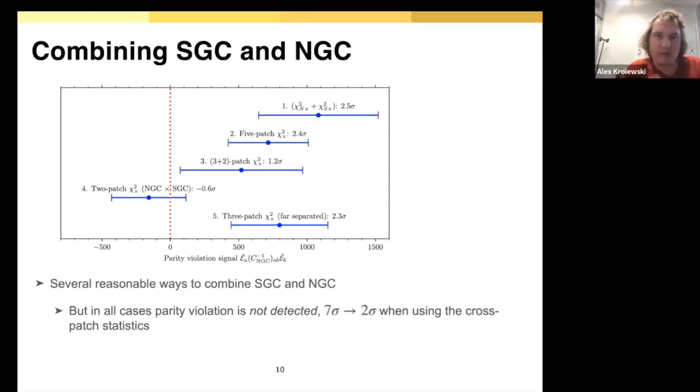And they don't quite agree with each other. There's a bit of a dispersion between nothing in this fourth case or up to a 2.5 sigma detection significance. And so I think the overall message here is that in all cases, the parity violation signal is dramatically reduced from what it had been previously. It's gone from 7 sigma in the chi-squared analysis to about 2 sigma in this analysis, no matter which way you choose to combine the hemispheres.